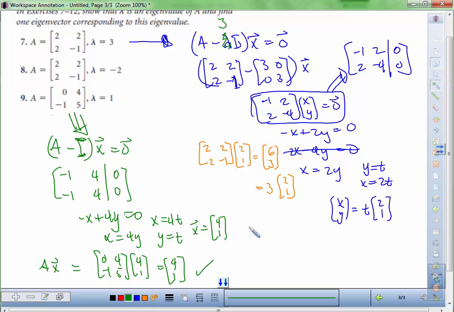All right. That is your eigenspace. Well, they want just the eigenvector. I just wrote this as x. This is your eigenvector. And if you want the span of that, that will be your eigenspace.